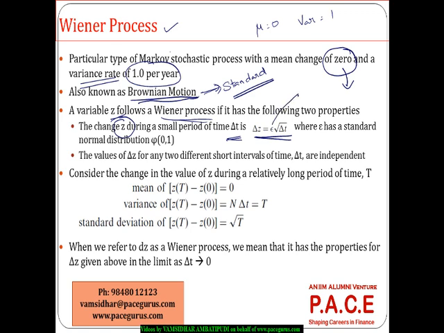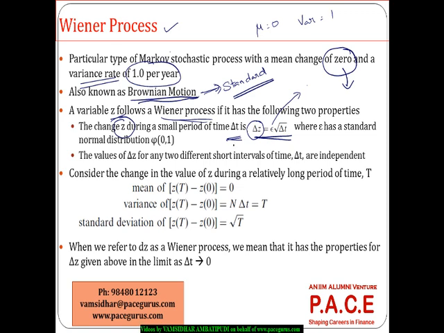Epsilon is a value coming from a standard normal distribution, and delta t is the time period. So the change delta z is the standard normal variable times square root of delta t. This is one important property of the Wiener process.